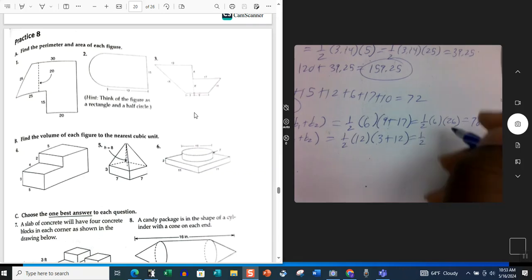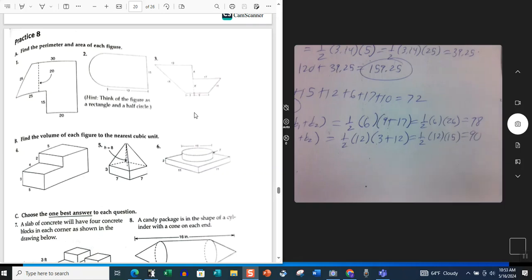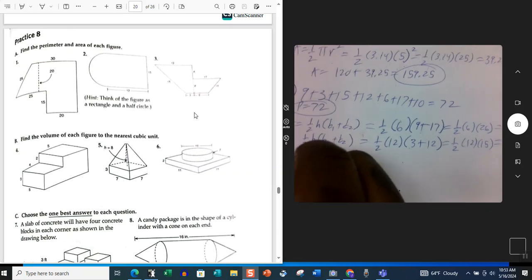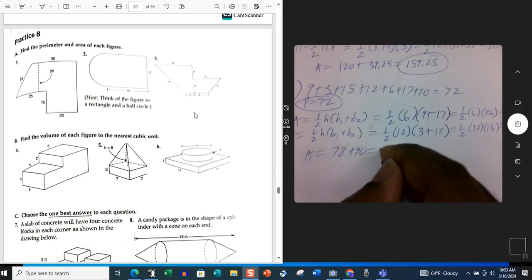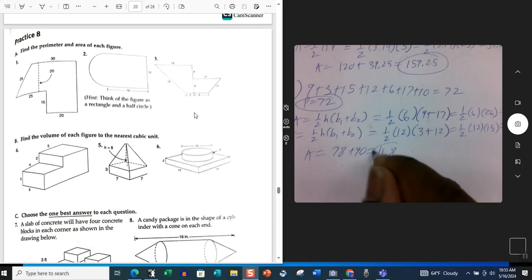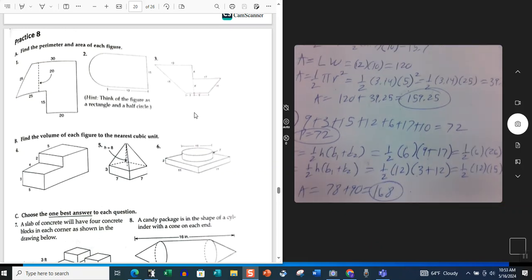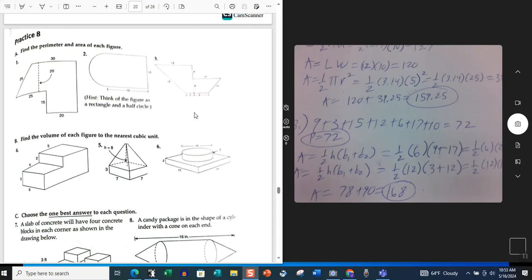Okay, so it'll be half of 12 times 15. So this right here would end up being 90. So now to add up this area, we'll have 78 plus 90, which will give us 168. So now, that took care of those first 3 problems. Now we go down here where it says find the volume.